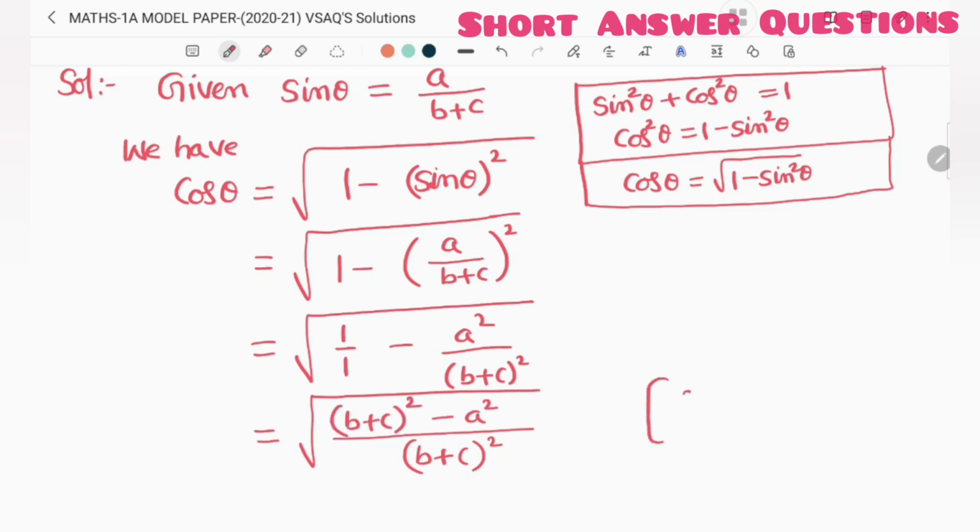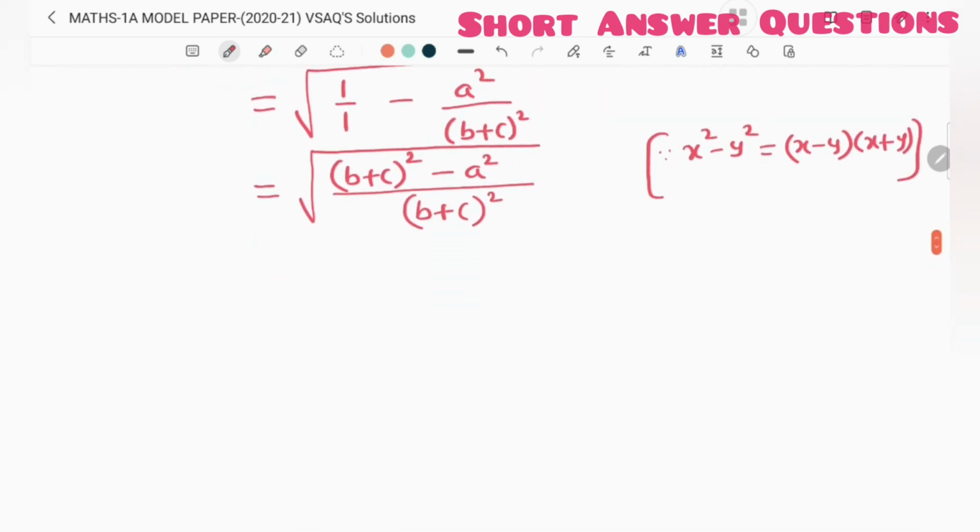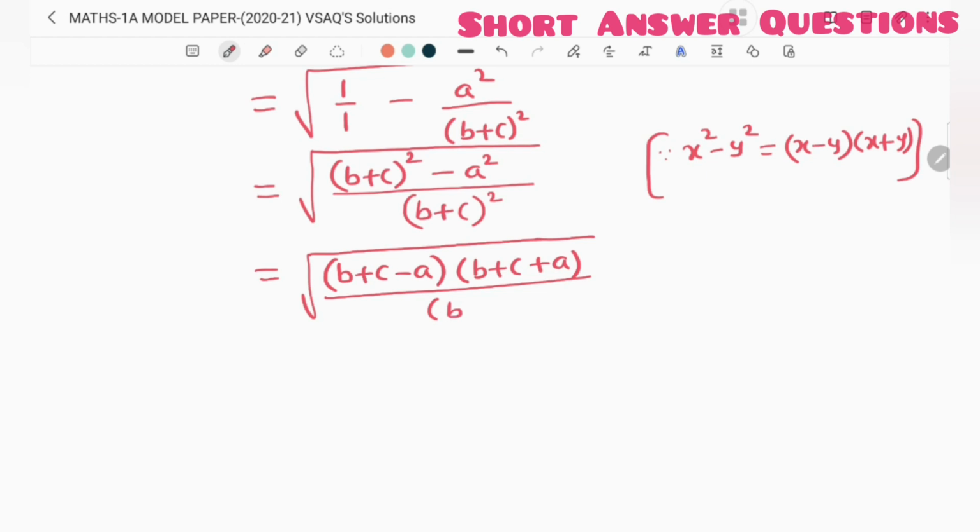It is in the form of x square minus y square, which can be expressed as x minus y into x plus y. In the numerator we can write the square root of b plus c minus a into b plus c plus a by b plus c whole square.